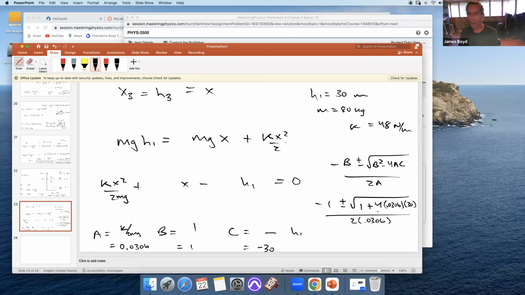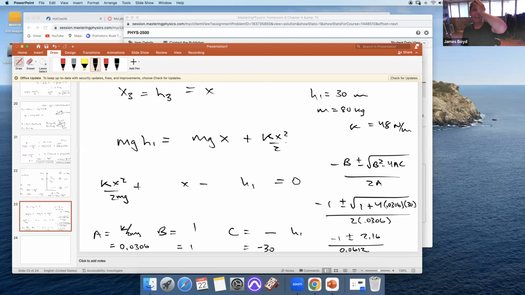All right. 1 plus 4 times 0.0306 times 30. Square root of this answer. So this is negative 1 plus or minus 2.16 over 0.0612.